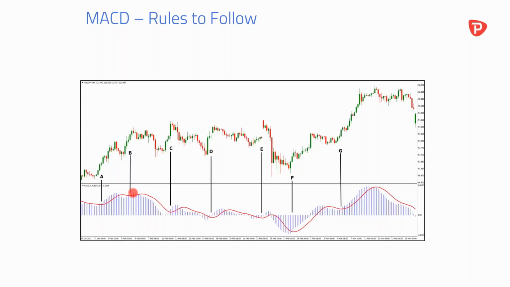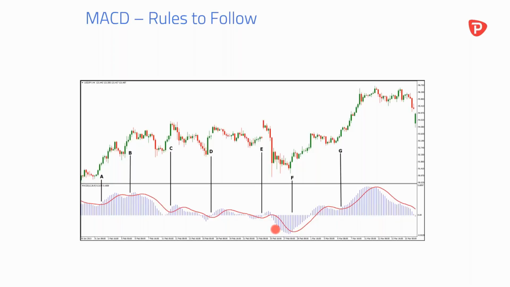This is when the histogram is above zero. When the histogram is above zero, the 12 moving average is above the 26 moving average, and when the histogram is below the zero line, the 12 moving average is below the 26 moving average. So in a downtrend or an uptrend, when it's above the zero.